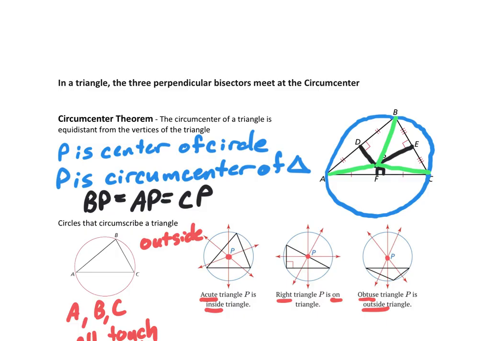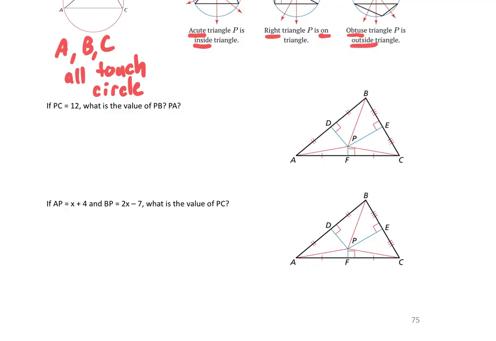All three of these pieces will be the same. They're the same length. So we're connecting the circumcenter to the vertices of the triangle. P goes to C, P goes to B, P goes to A. And that's a really important piece of information.